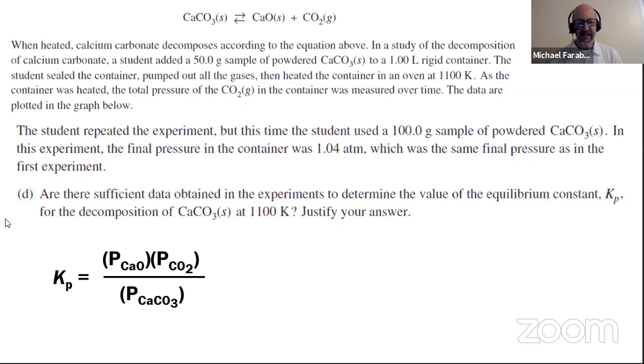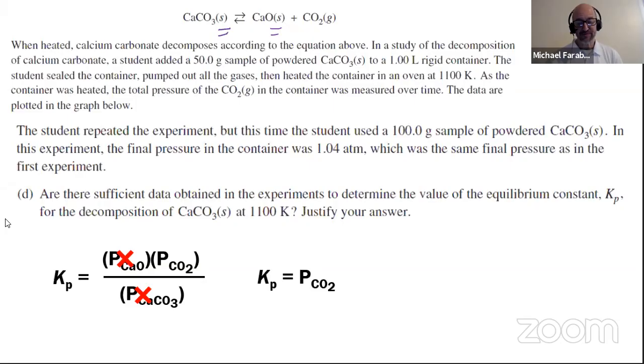Well, if you look closely at the phases of matter and just use common sense here, you're not going to have the pressure for a solid. In fact, in a heterogeneous equilibrium involving different phases, we never include pure liquids or pure solids in the equilibrium expression. So our Kp is reduced to one term.